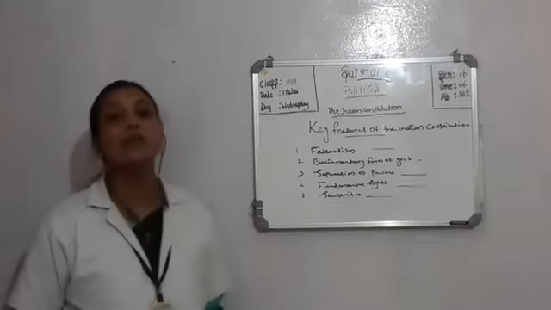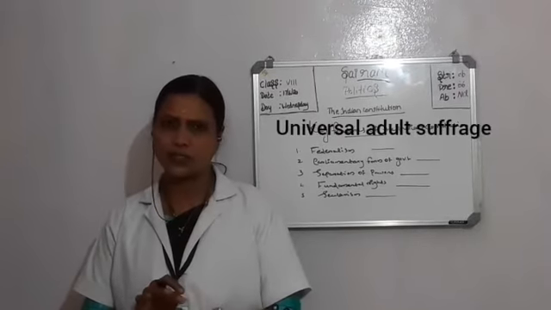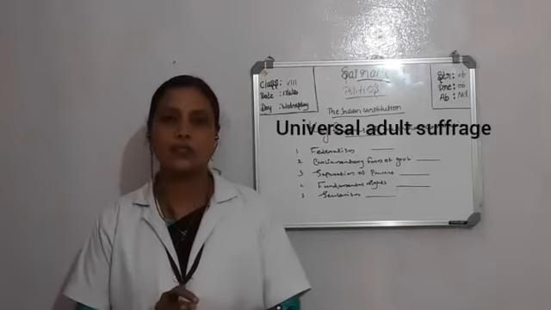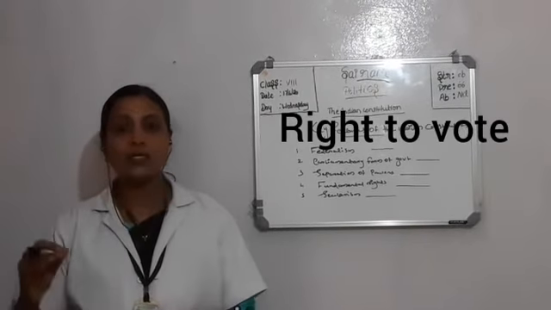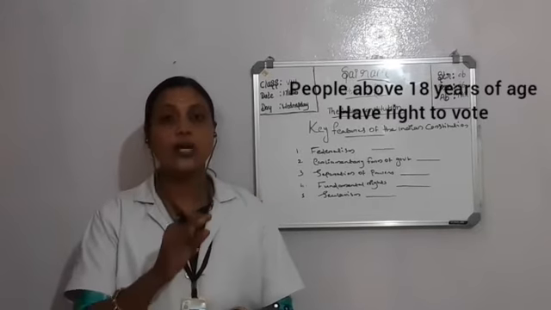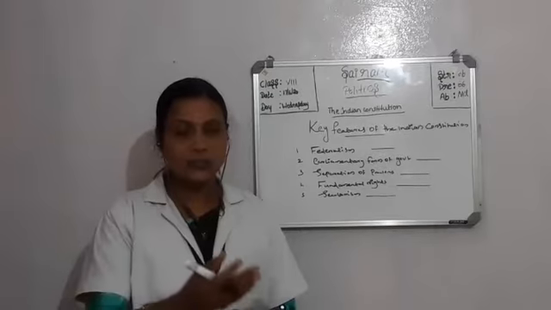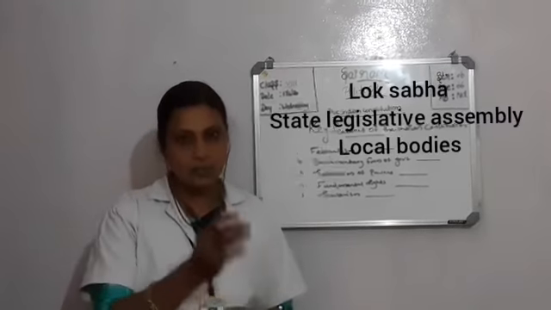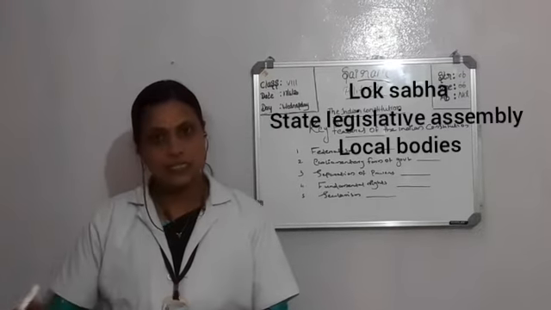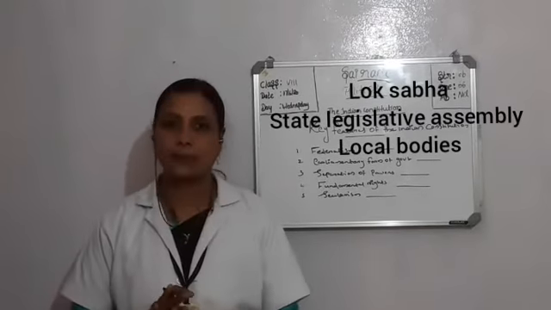Next one is parliamentary form of government. The Indian Constitution guarantees universal adult suffrage. It means the right to vote. People above 18 years of age have the right to vote. They can cast their vote and elect representatives in the Lok Sabha election, state legislative assembly election, and local bodies election.